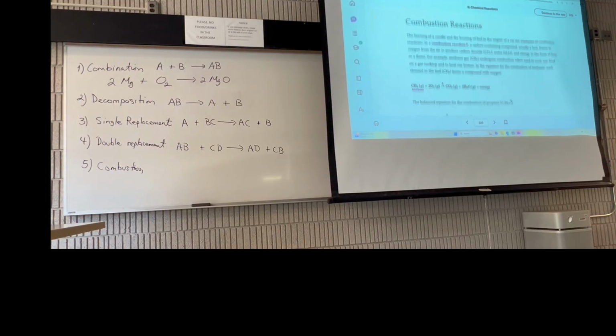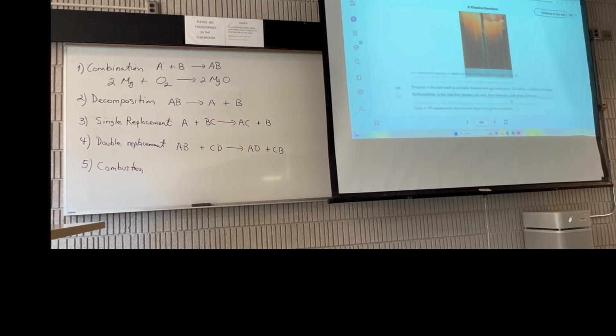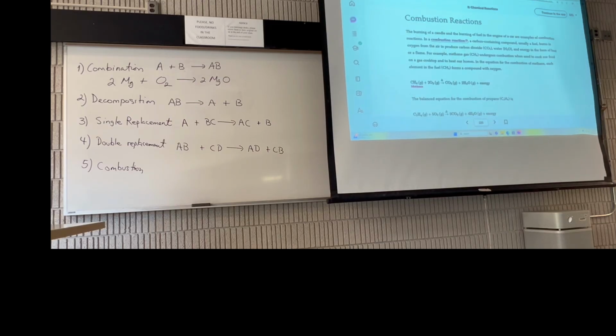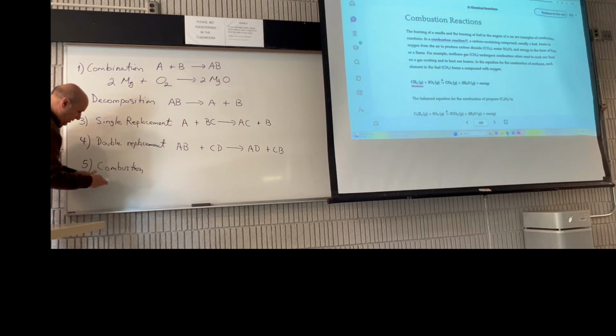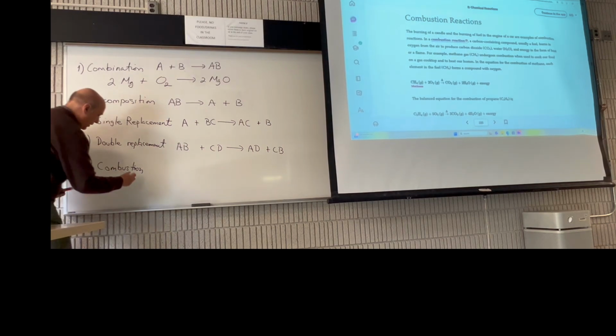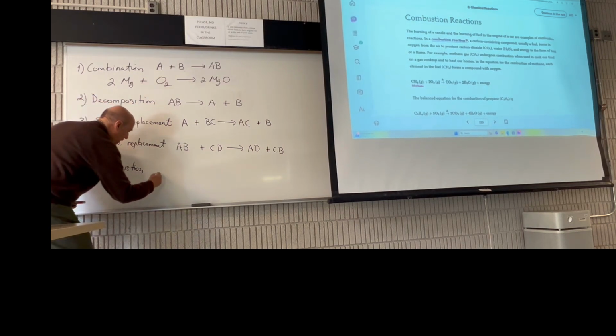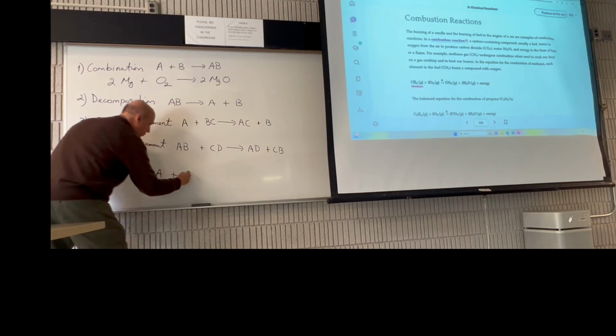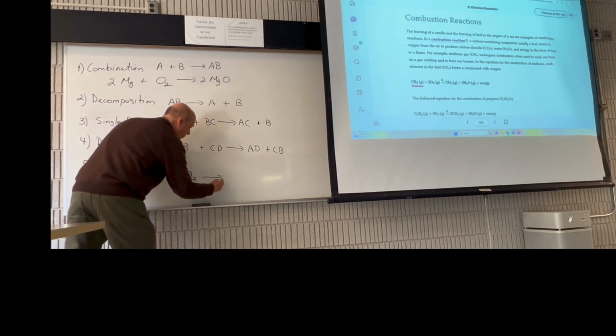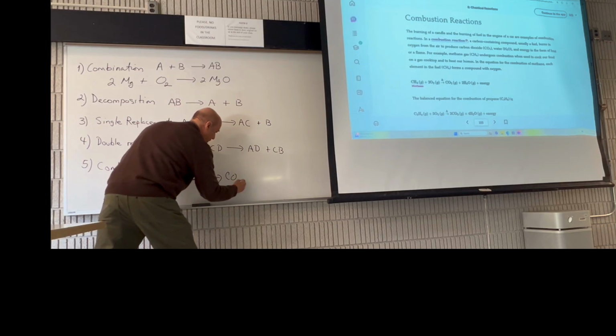That one, I don't use A and B's because it's not possible. In this one, I guess I can say A combines with O2 to produce carbon dioxide and water.